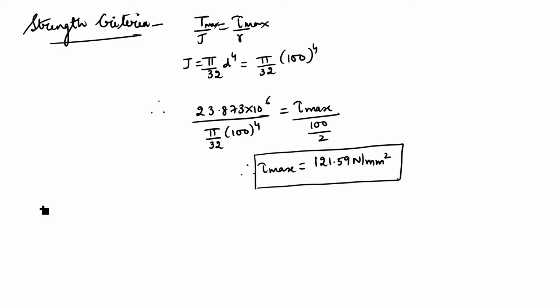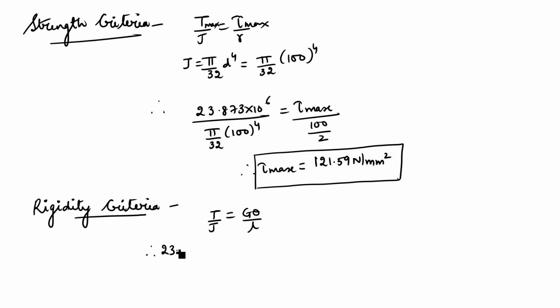Now, next I am going to use the rigidity criteria to calculate the value of theta. I know T by J is equal to G theta by L. Substitute T as T max, I get 23.873 into 10 raised to 6. J is pi by 32, 100 raised to 4.